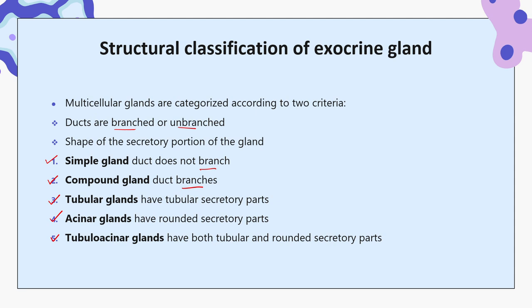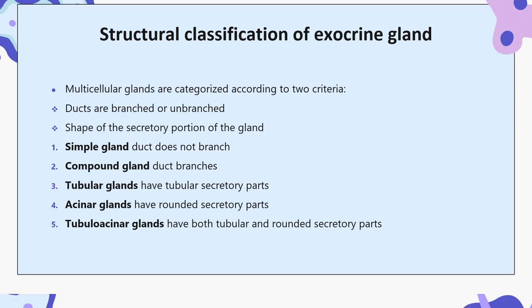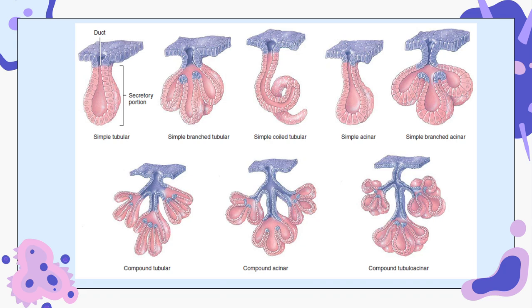So you can remember, simple is not branched, compound is branched, tubular has a tubular secretory portion, acinar has a rounded secretory portion, and tubulo-acinar is the combination of tubular and acinar glands, so it has tubular and rounded secretory portions. So you can see in the diagram the simple tubule-like shape, and they have a duct.